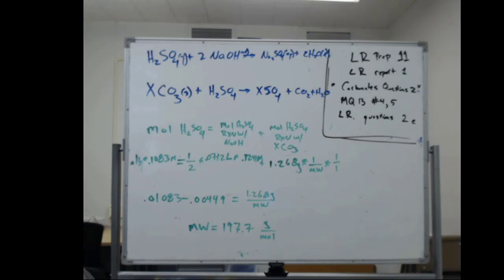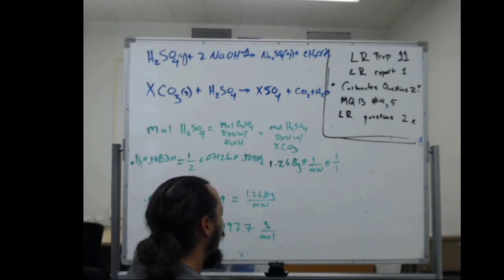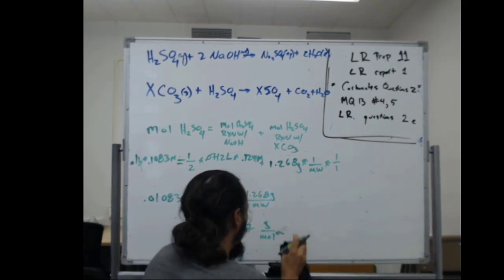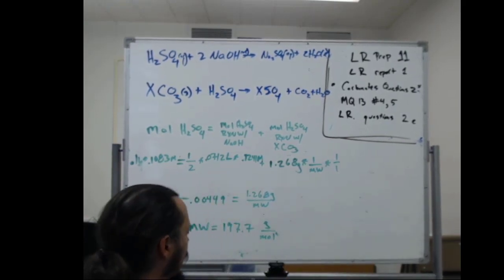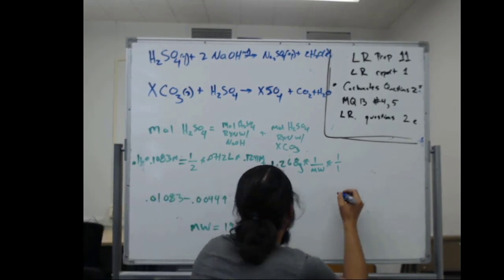This does not tell us which metal it is yet. So in order to get at just the metal, I'm going to subtract off the molecular weight of carbonate, which I'll do this logical step. So this is solving perfectly fine for the stoichiometry, but we want the identity of the metal.